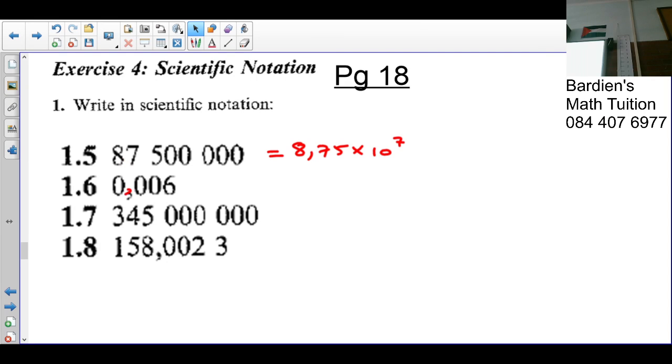As you can see, the comma is lying here now. So it's going to move after the 6. So it's 1, 2, 3 units. That will simply be 6,0, which is 6, times 10 to the negative 3. The comma is currently lying there now. Okay?